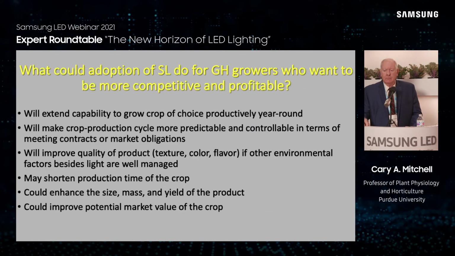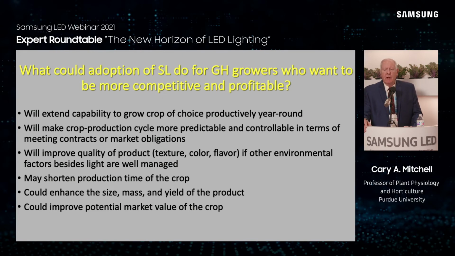supplemental lighting? So what could adoption of supplemental lighting do for growers, greenhouse growers, who want to be more competitive and more profitable? Well, it's going to extend the capability to grow your crop of choice year-round, productively. It's going to make the production cycle more predictable and controllable.